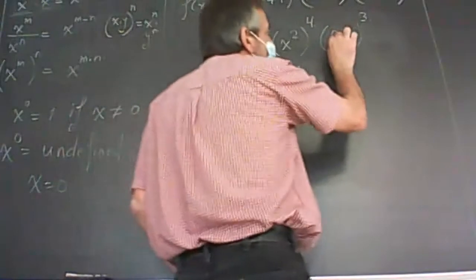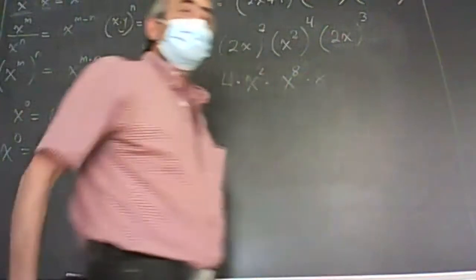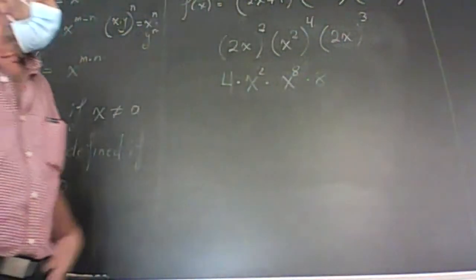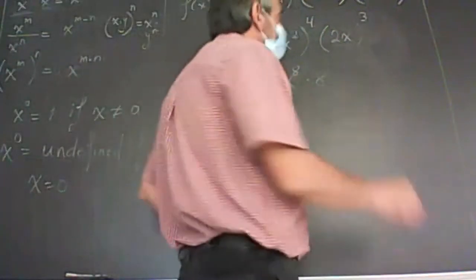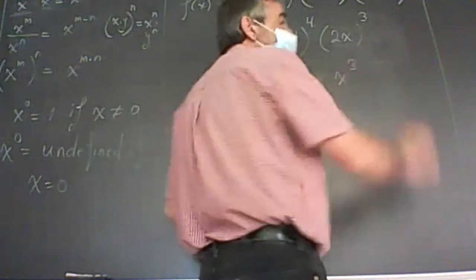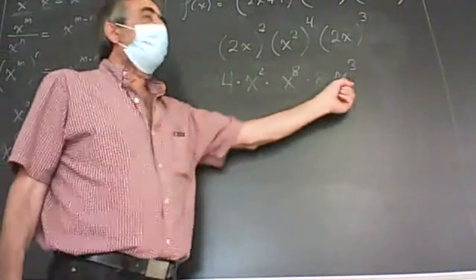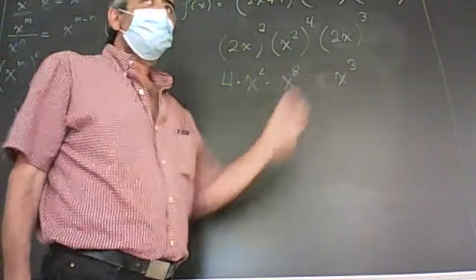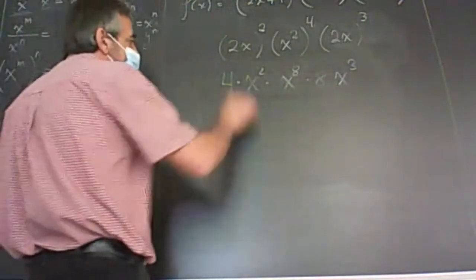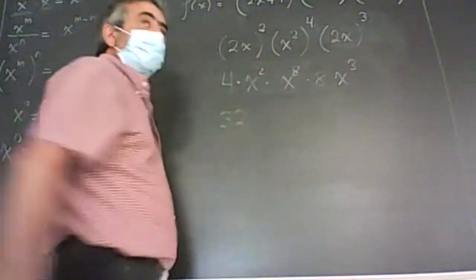So first, we're going to take 2, raise it to the third power, then we get 8. And then x raised to the third power, we get x cubed. So now when we multiply these, we simply multiply the numbers and then we multiply the variables. Multiplying the numbers, we get 4 times 8 is 32.